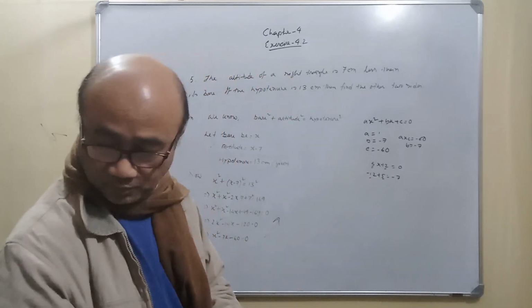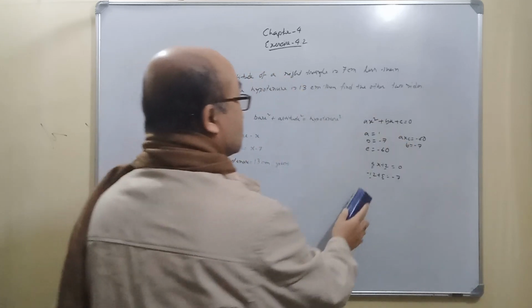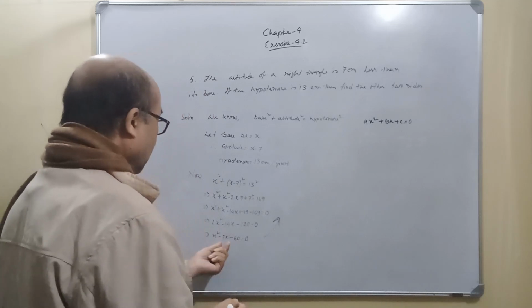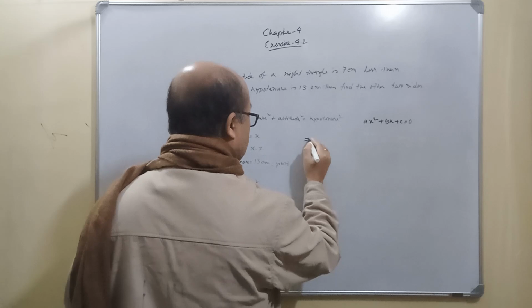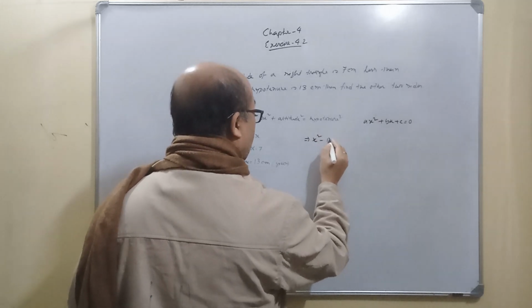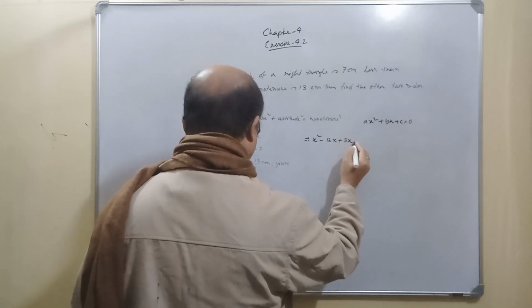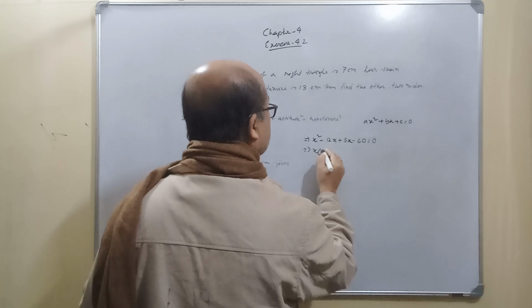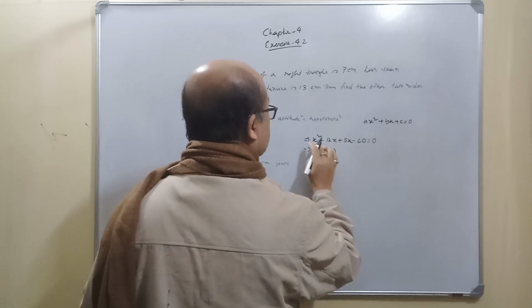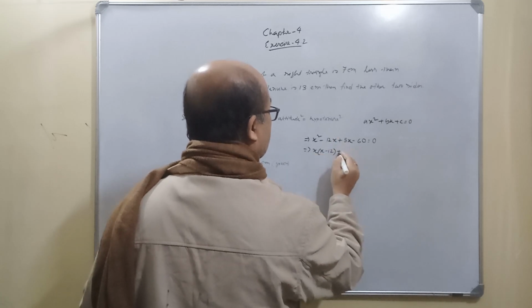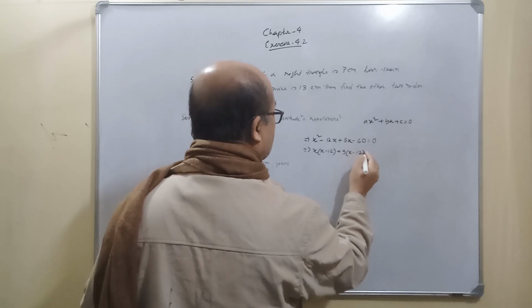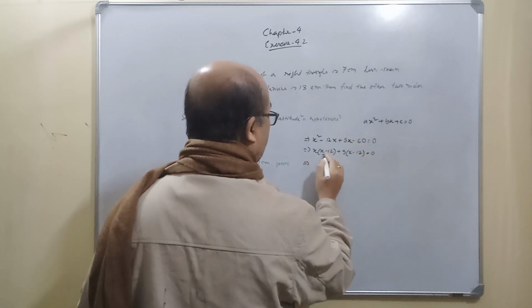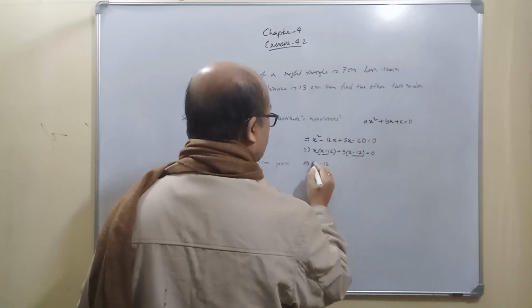So we will split the middle term minus 7x: x square minus 12x plus 5x minus 60 is equal to 0, which implies x into x square, x into minus 12, minus 12x plus 5x, minus 12, 5 into x, 5x, 5 into 12, minus 60 is equal to 0. x minus 12 is common, so take it out.